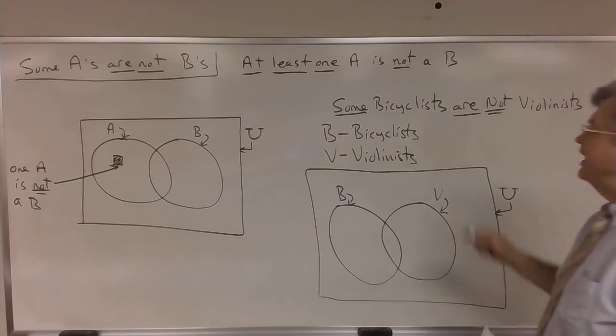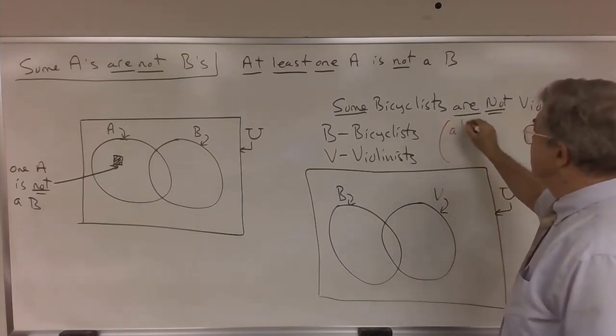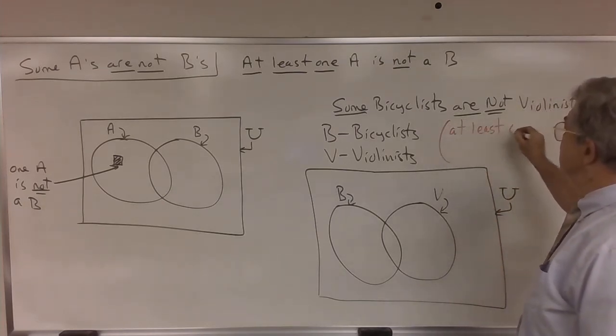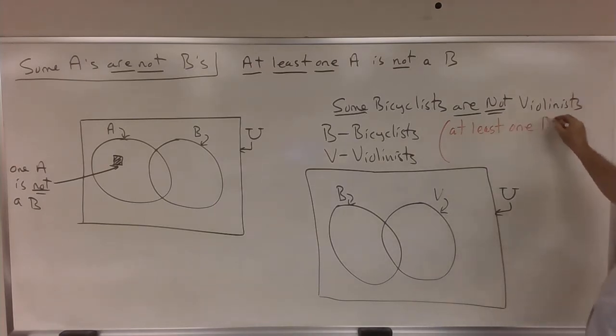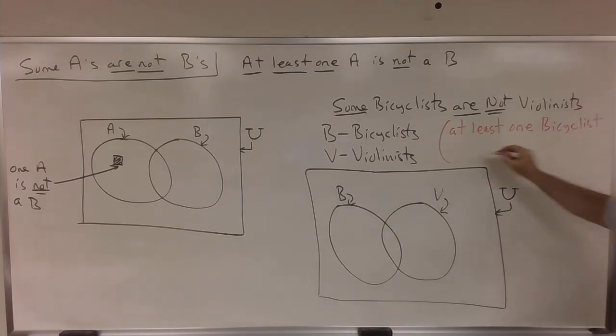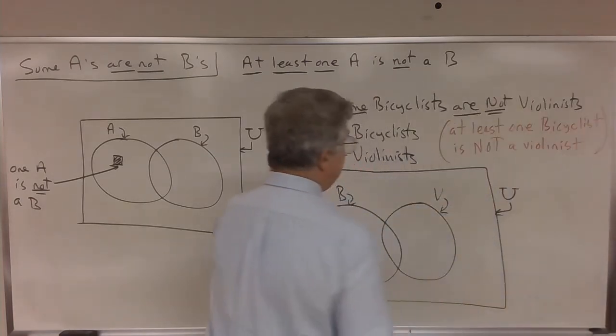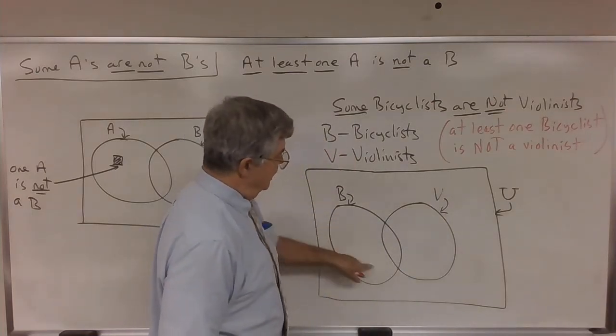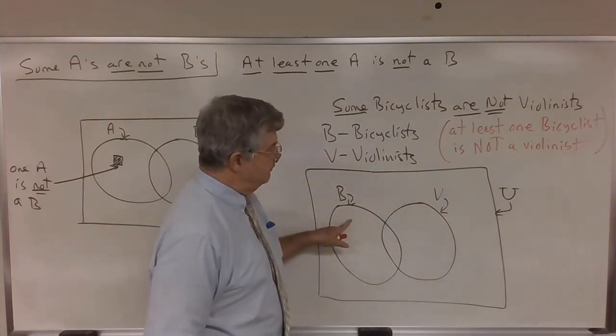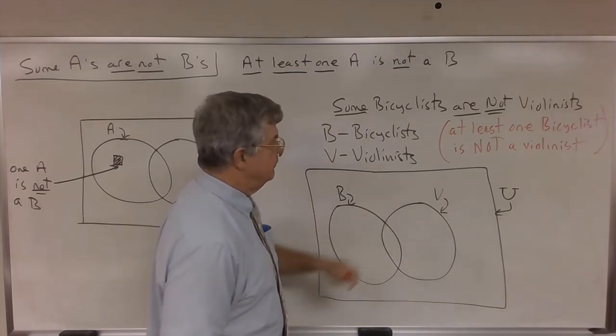Another way of saying that, at least one bicyclist is not a violinist. So we have to take one of the bicyclists in the B circle and make sure that it's outside of the violinist circle.